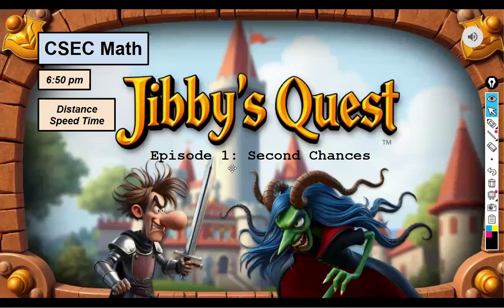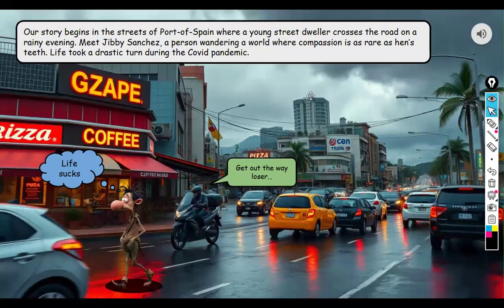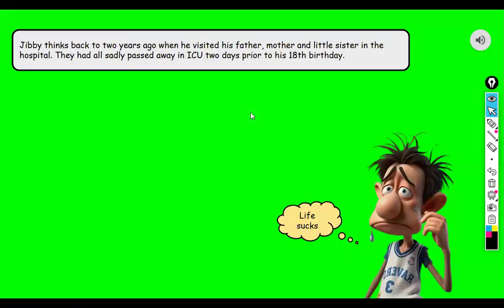All right, so let's get straight into the story, right? You all can give it a read, and the story revolves around someone called Jibby. So you all can give it a read here. Right, so there's Jibby there. Life isn't going too good for him, right?